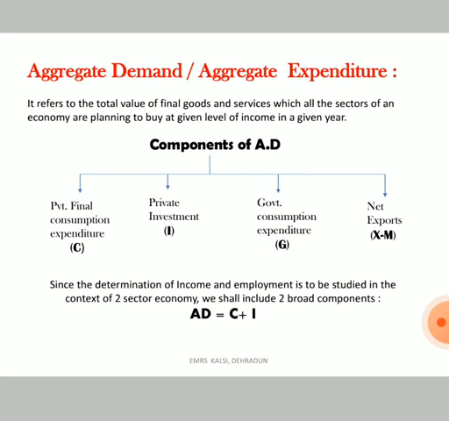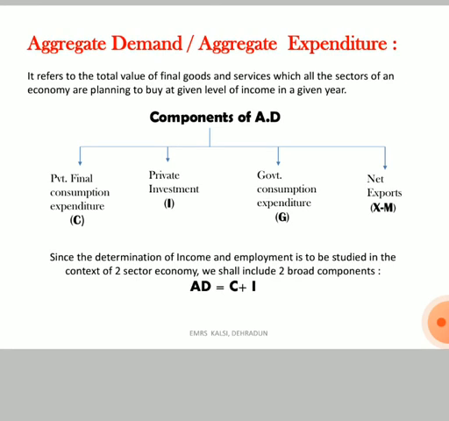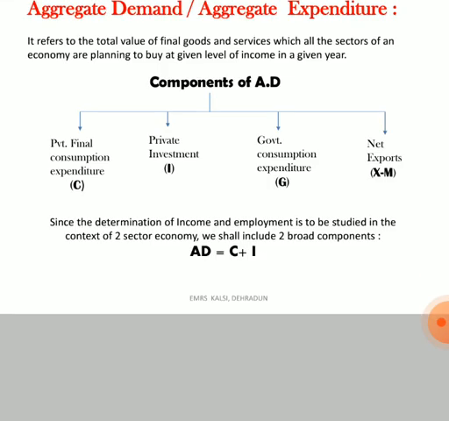According to the definition, it refers to the total value of final goods and services which all the sectors of an economy are planning to buy. Remember this, there is a word here which we have to mark. It's called planning.